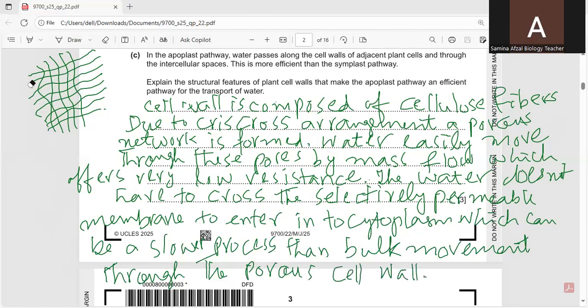Simply in this question, you have to compare both types of pathways, that is the symplast pathway and the apoplast pathway.